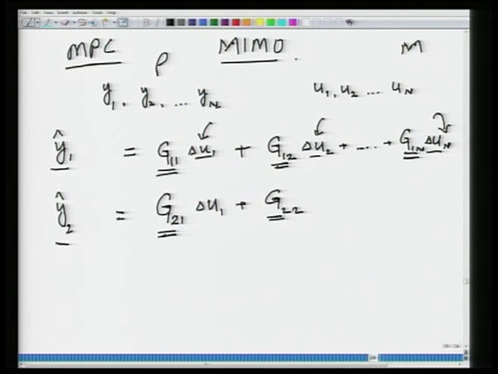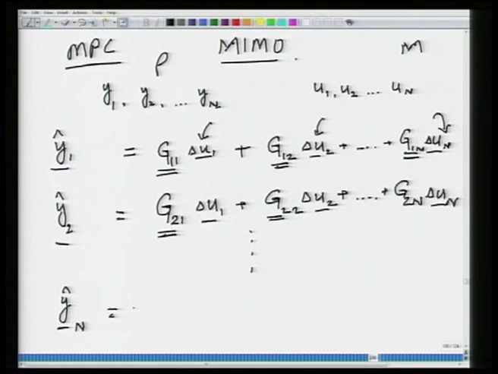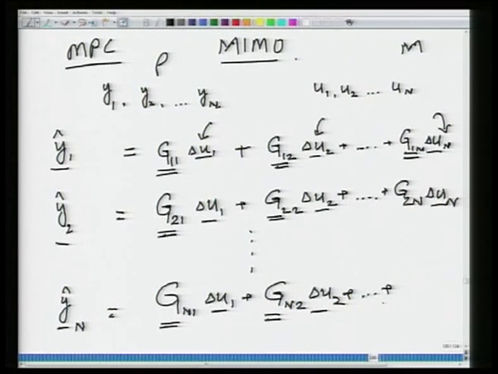I can do this for all the outputs, and what I get is effect on n of 1 delta u1 plus effect on n of 2 delta u2 plus effect on n of input n delta un.